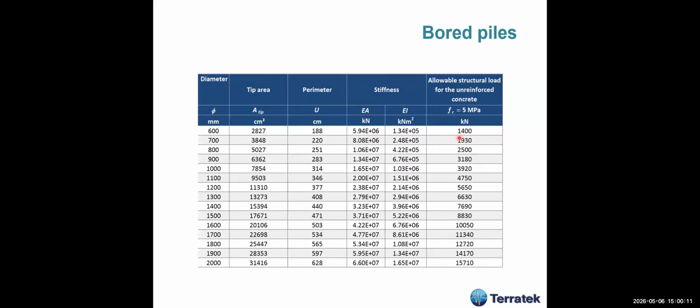Usually what we do is calculate the capacity in relation to FCK with unreinforced concrete of 5 megapascal. This is the usual value. Some standards allow going up to 6. I prefer to keep it safe with 5. That's my experience. That works.